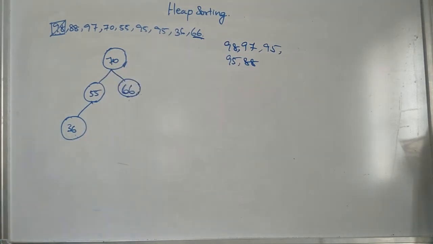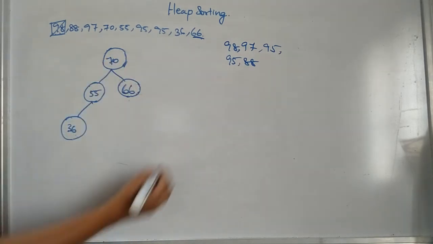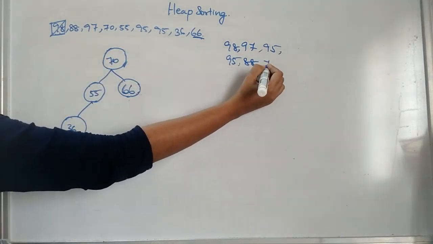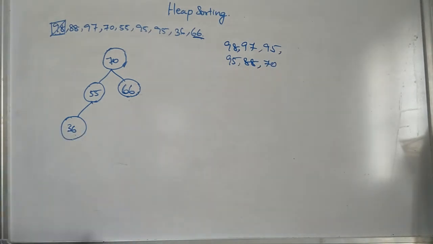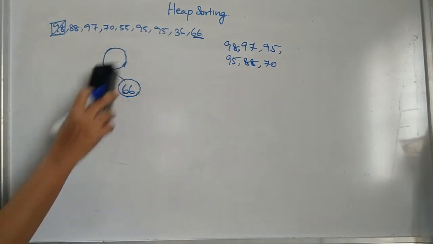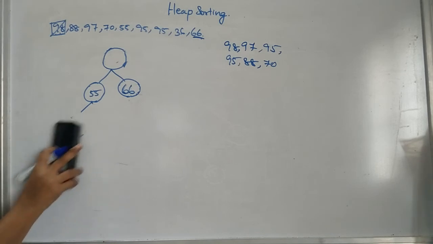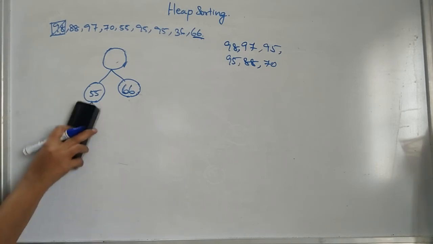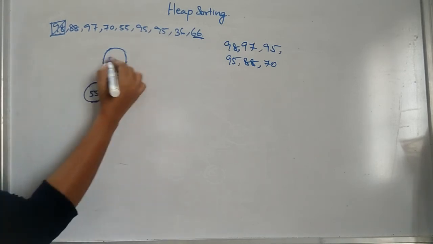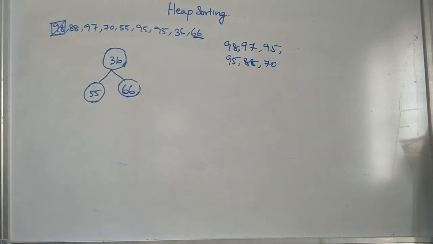Next, again I am going to remove the value present in the root node. So 70 will be replaced by the last node 36, and I can write 36 here.